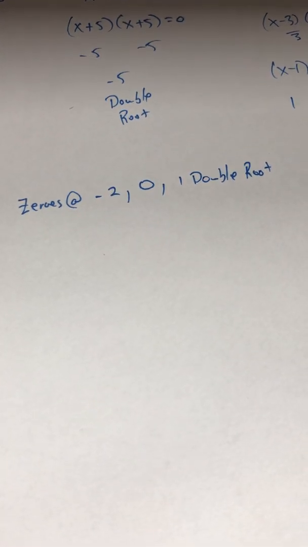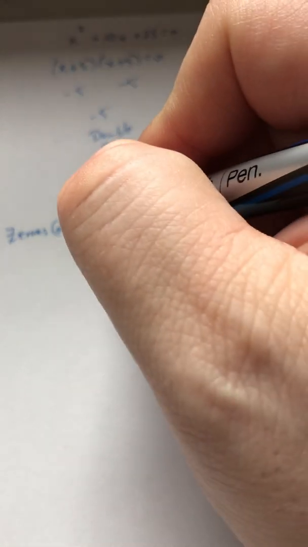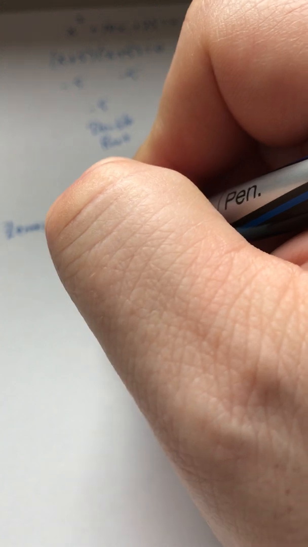So same piece here. If negative 2 is a 0, what factor would correlate with that? Well, it would be x plus 2.